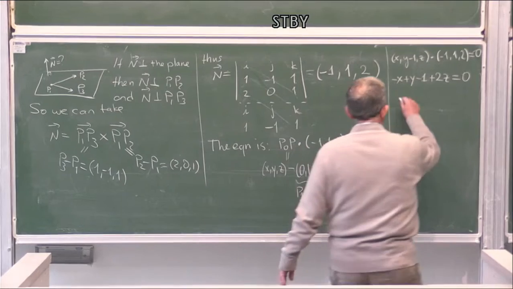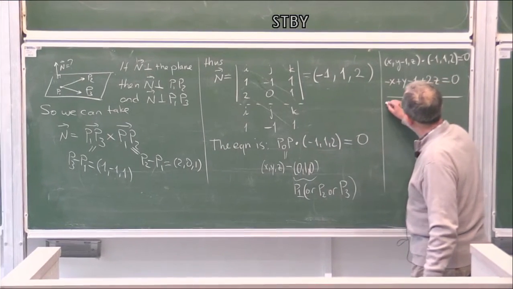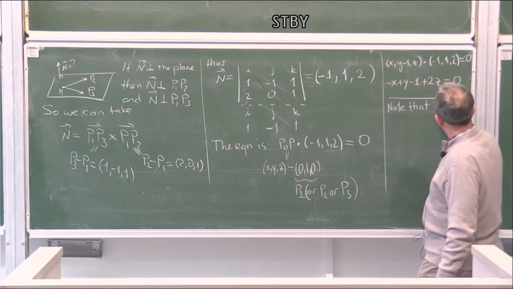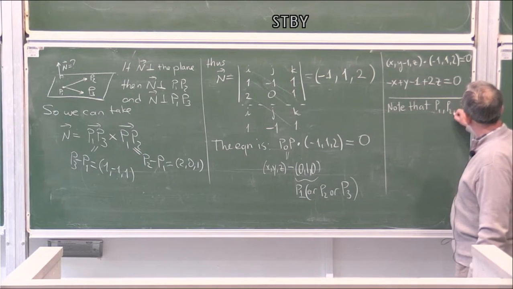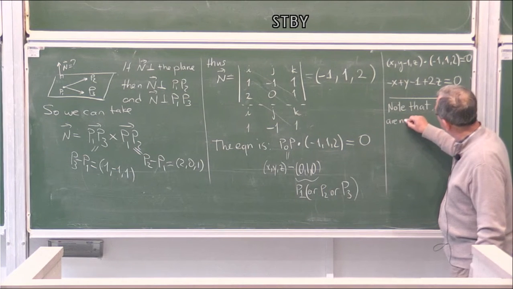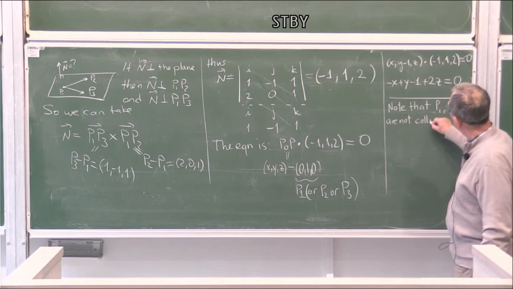Now, a remark maybe. Note that P1, P2, P3 are not collinear.